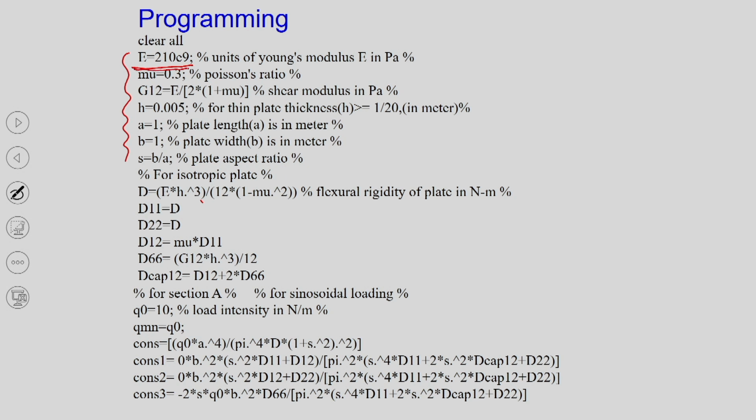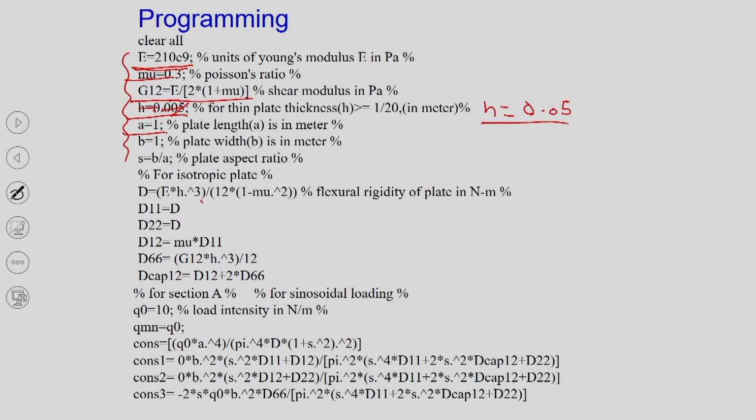So, enter the value of E, then mu, and evaluate G12, and give the value of the thickness of the plate. Generally it should be greater than or equal to some value, but they have taken it as 100. Sometimes you may just take h, and if you take 20, it will be 0.05.